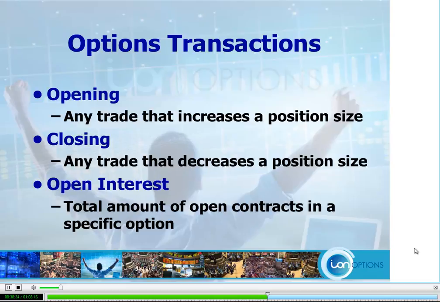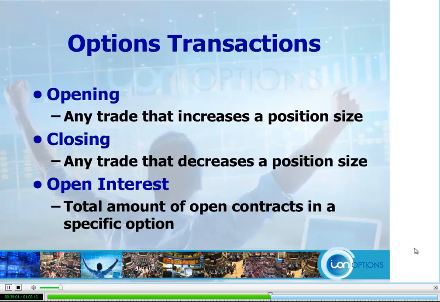If I decide to sell 10 more, giving me a total of short 20 now, that is still an opening trade because now I have a bigger short position on. I have increased my position size. I went from short 10 to short 20. That's a bigger position.